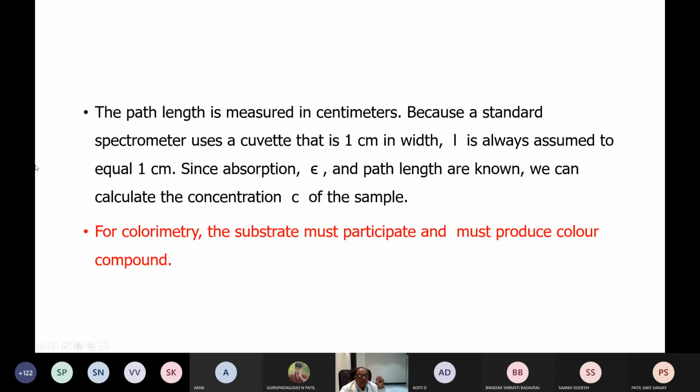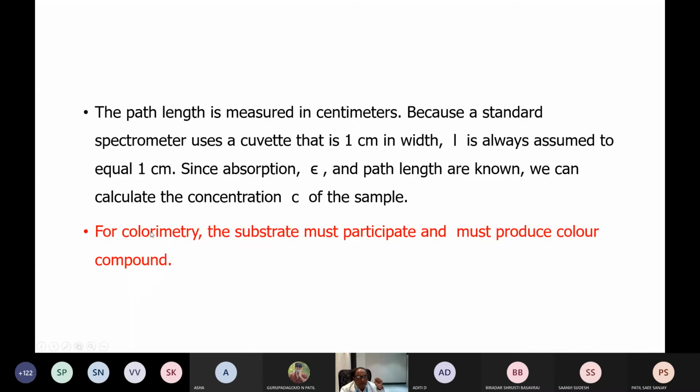Here, when the light path passes, it will be measured in centimeters. A standard spectrophotometer uses a cuvette that is 1 centimeter in width. The width should be constant, so that it is very helpful for measuring how much light is passed.